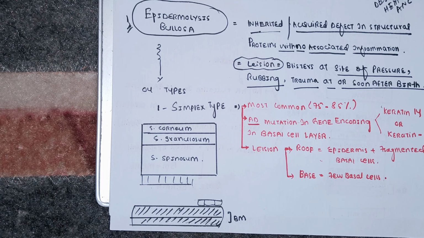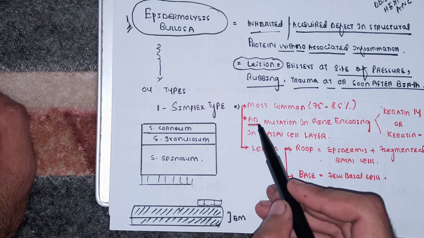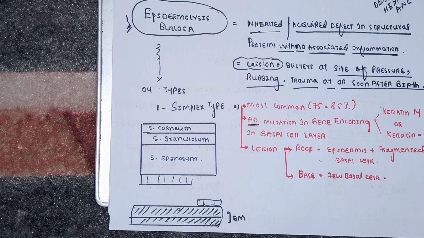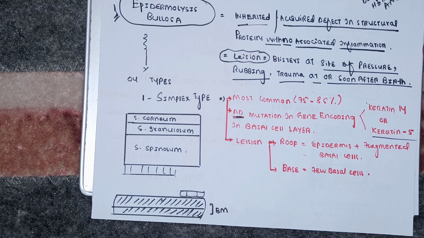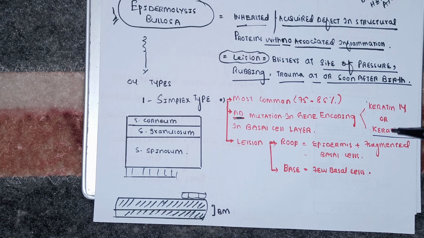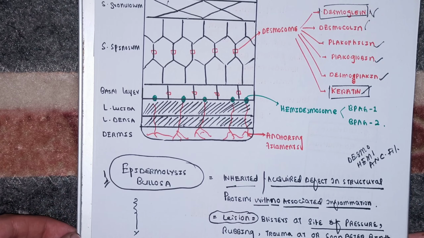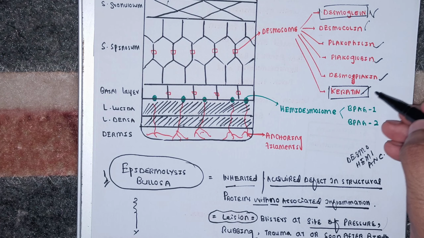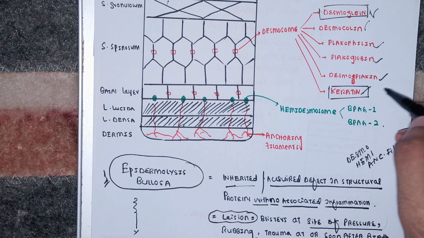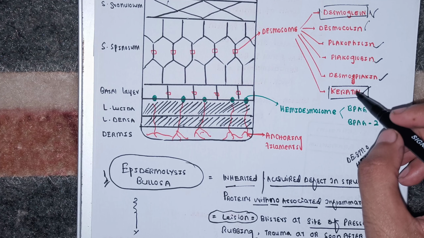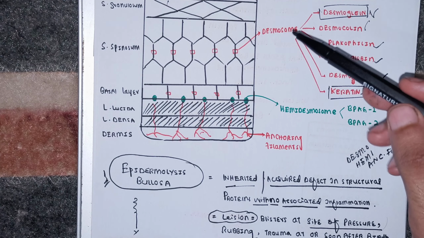In the simplex type there is an autosomal dominant mutation in the gene which encodes keratin 14 or keratin 5. You should have in your mind that these keratin proteins are a very important component of which intercellular junctional molecule. If I take you here, can you see? Whatever keratin it is, 14 or 5, can you see keratin is a very important protein of the desmosome?